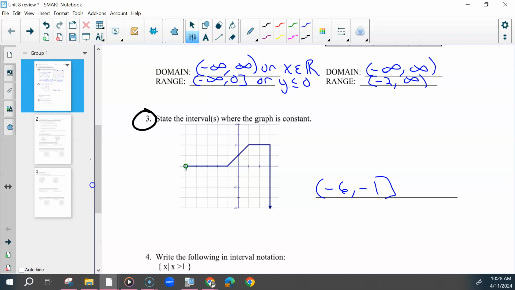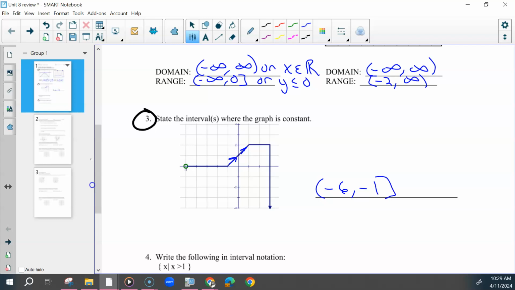If I said, where is this increasing, that would start at negative 1 and go to 1. It's increasing right here. Is it decreasing anywhere? So here, your x values aren't changing, so it's actually not decreasing there.